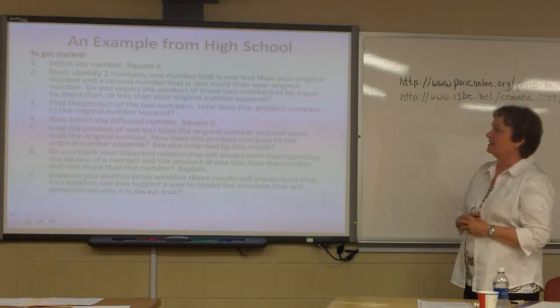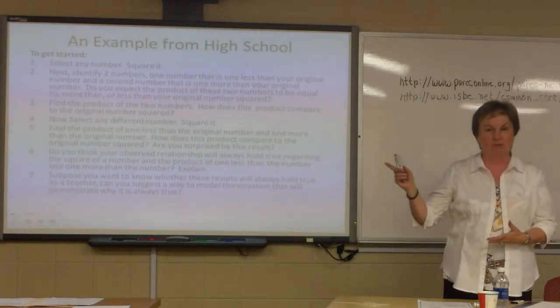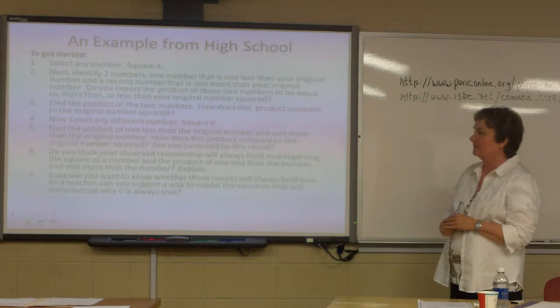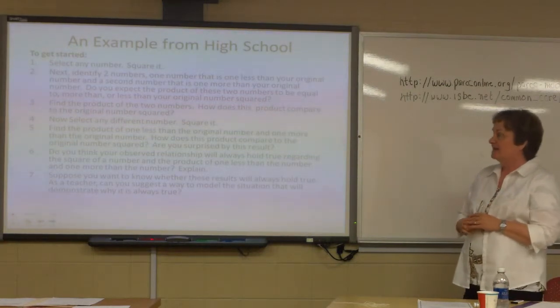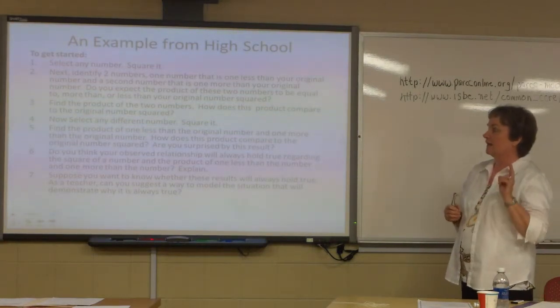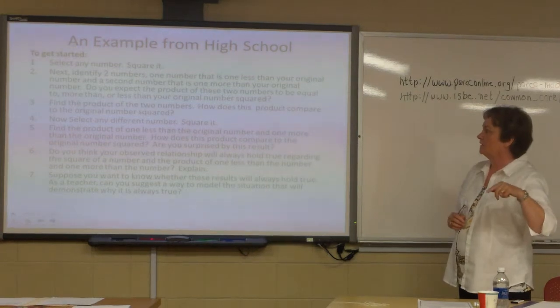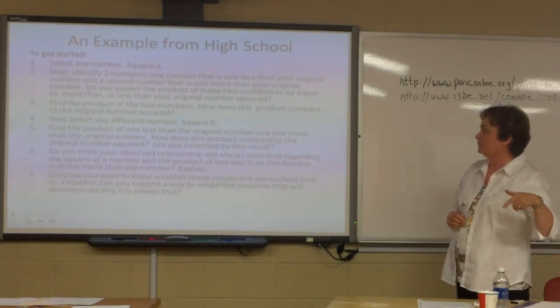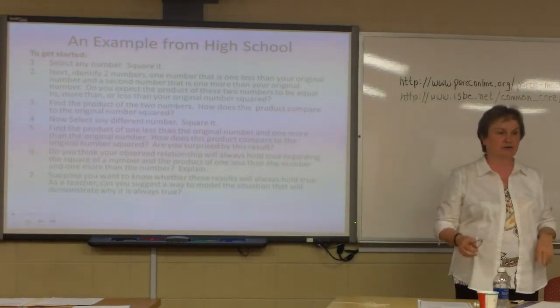The second statement says, next, I want you to square the number. So you've written the number down, then write the square of the number down. And then, I want you to identify two numbers, one of which is one less than your original number, and the second of which is one more than your original number.